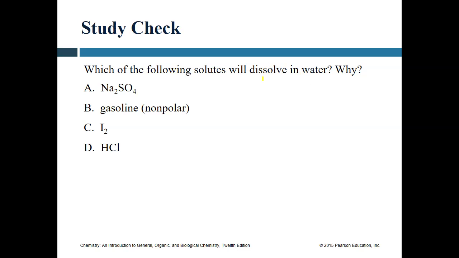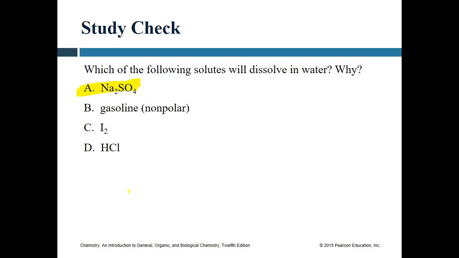Okay, so letter A, should that dissolve in water? It should. We should recognize that it's an ionic compound. I've got a metal and a non-metal in the same compound. That's a pretty good indicator that I'm dealing with an ionic compound. Ionic compounds generally dissolve in water, so yes.